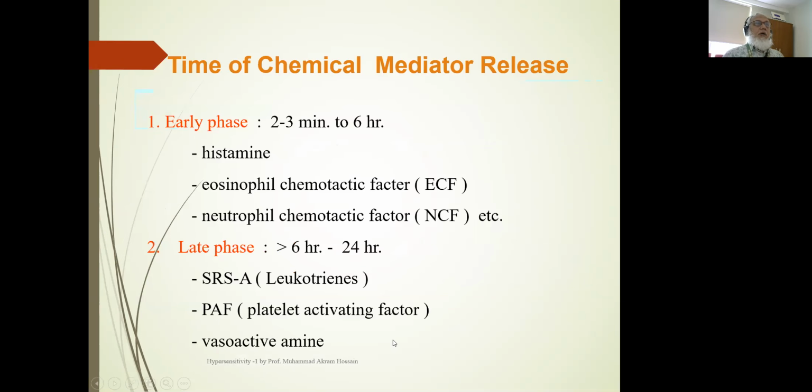The chemical mediators are released in two phases, early phase and late phase. Early phase means 2 to 3 minutes to 6 hours. In the early phase, histamine, eosinophil chemoattractive factor, and neutrophil chemoattractive factor are released. Late phase, more than 6 hours, within 24 hours: leukotrienes, platelet activating factor, vasoactive amines.